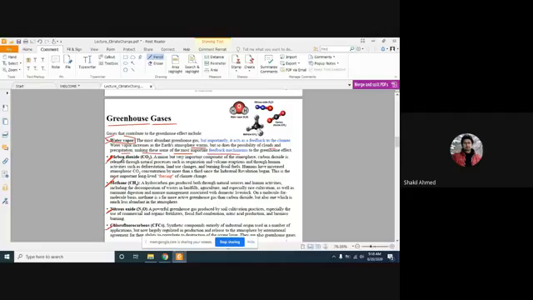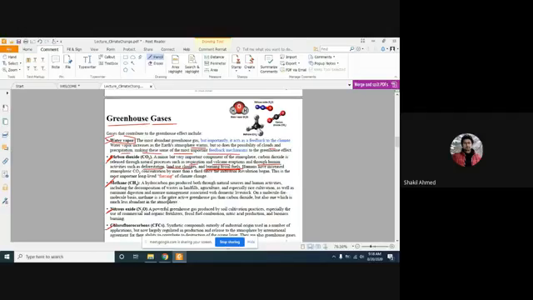Carbon dioxide is released through natural processes such as respiration, volcanic eruption, and through human activities such as deforestation, land use change and burning of fossil fuel. This is a very crucial source of carbon dioxide. It is important for you to know these greenhouse gases and their sources.